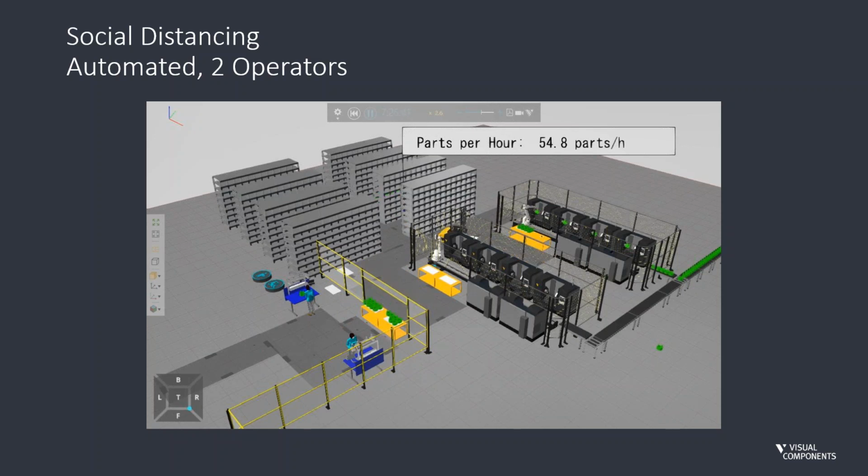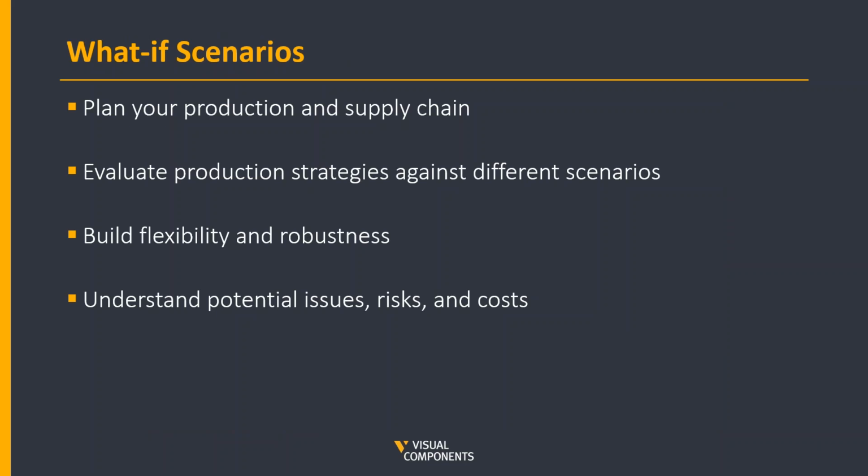And as you can see, the output of the line, even if we do a bit of automation, is dramatically dropping because our bottleneck is the manual preparation work. So instead of 135, we're getting about 54 parts per hour. But this is maybe the situation where we're forced to be, and that's it.